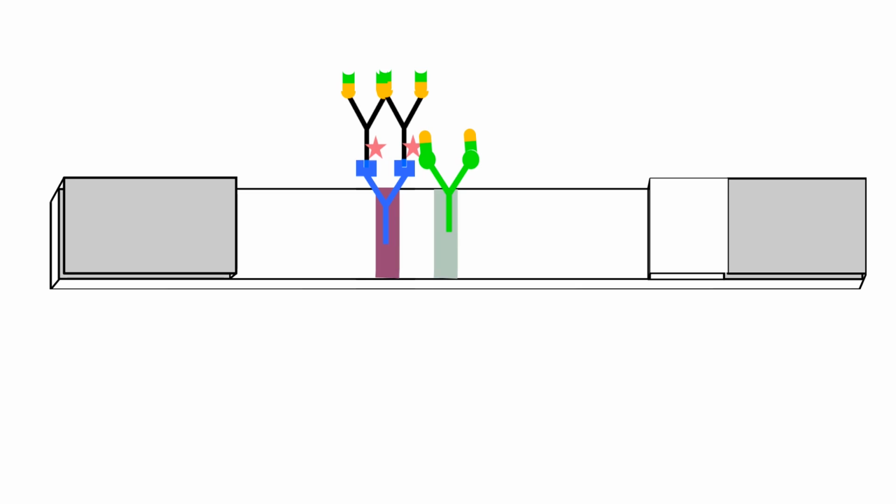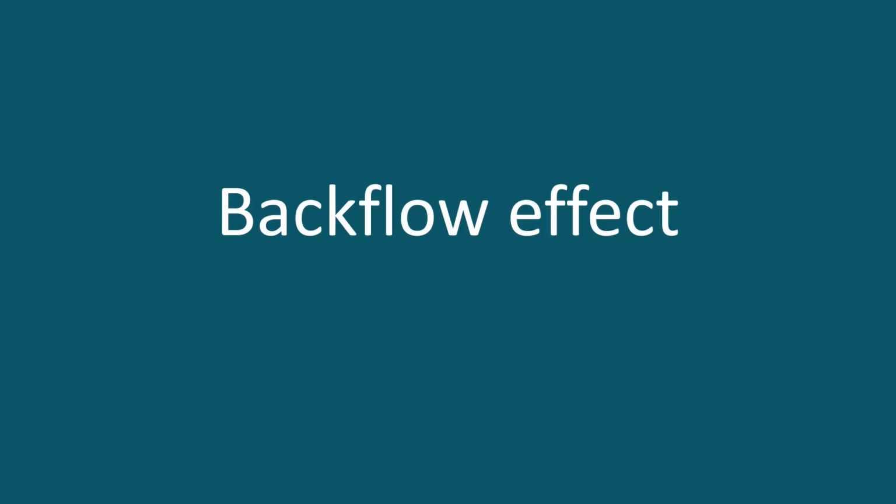This means that we have a false negative result in a case where we have a very high dose of antigens. This is, of course, a very dangerous effect, as you will miss high infections.